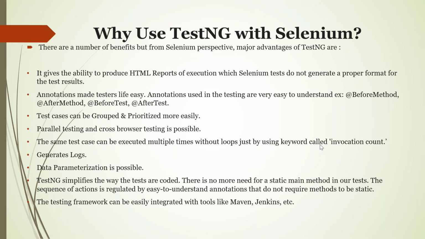Then we have Jenkins also. When we are executing our entire regression suite in Jenkins, TestNG is a mediator and plays a very important role. The testng.xml file gives the results there. It is plugged into Jenkins, so when we want a specific build to be run, we give the details of which group or which module.